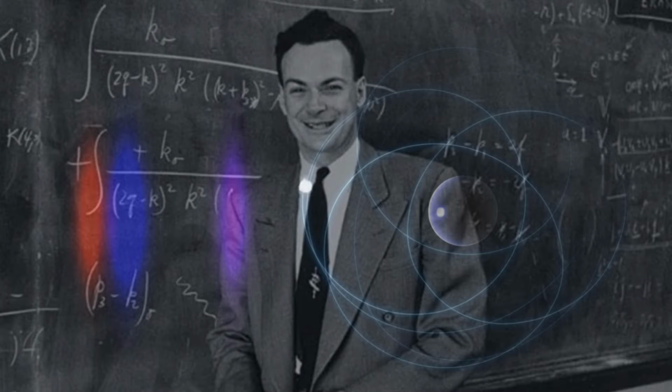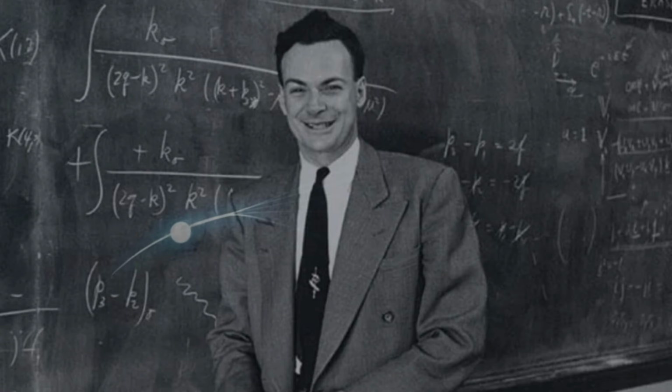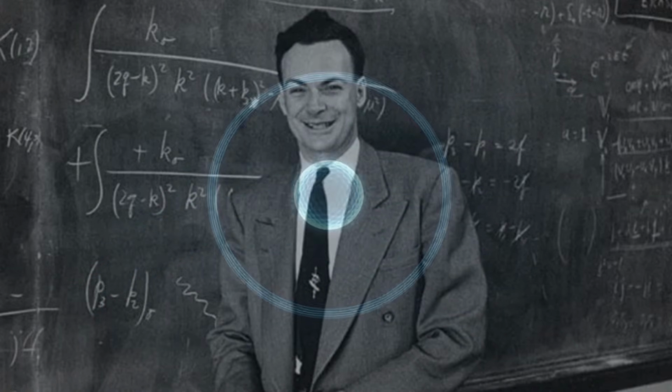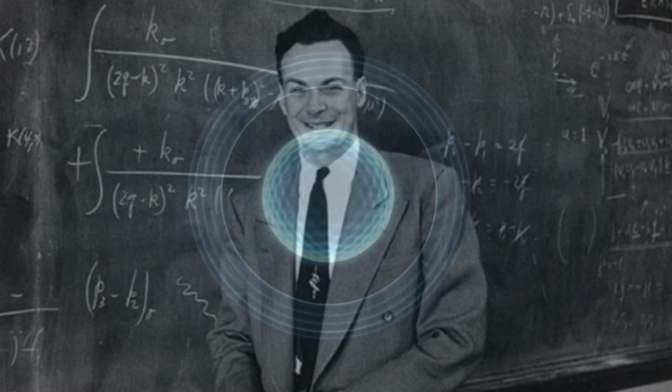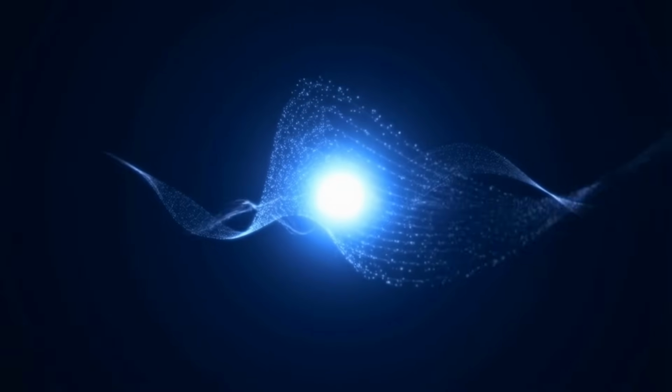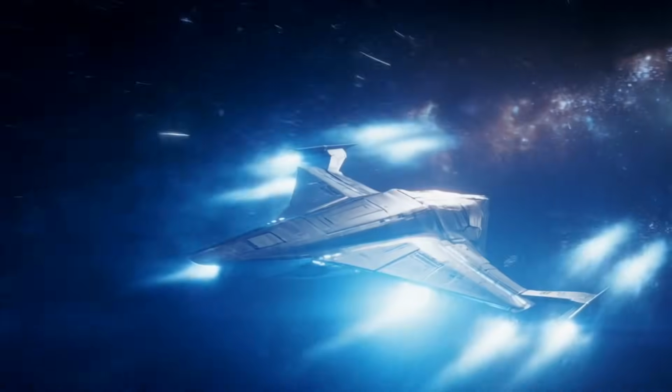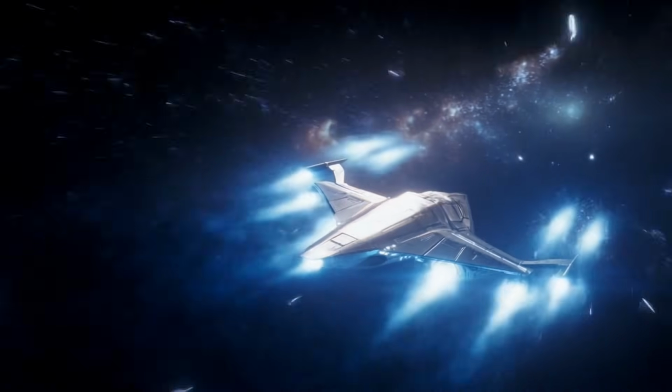Feynman showed Δφ is proportional to kinetic energy minus potential energy times Δt, or Δφ ∝ (KE − PE)Δt. For the entire path, φ equals 1 over ħ times the integral of (KE − PE) dt.